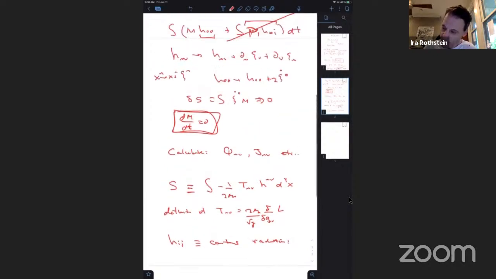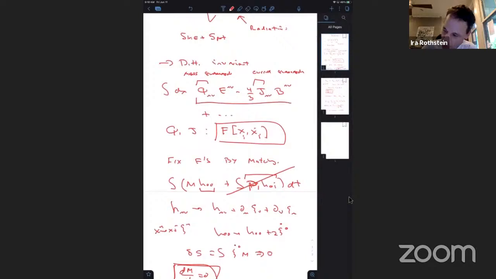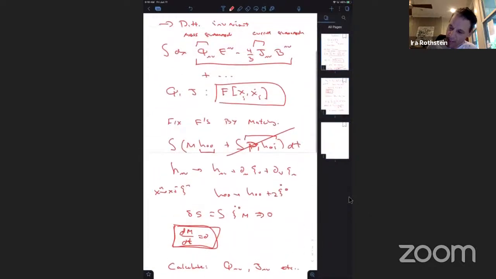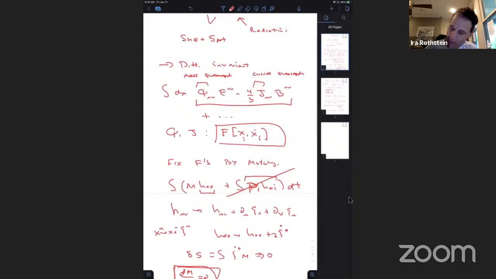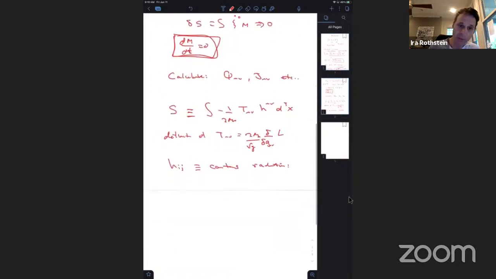So if we're interested in matching the real radiation that's coming from these terms, we can shortcut the process by focusing just on the physical polarizations and then extracting what these Q's are and utilizing the covariance of the result to extract Q mu nu. Okay? So just as in the case of electromagnetism, we multipole expand the field to be consistent with our homogeneous nature of our power counting.